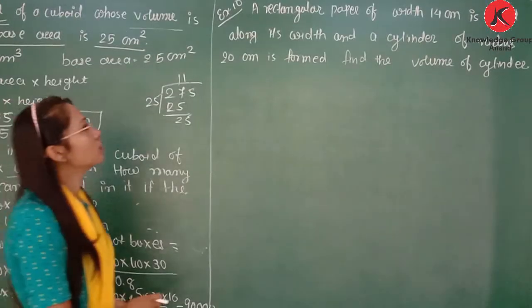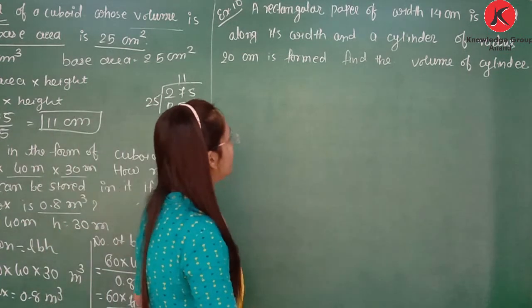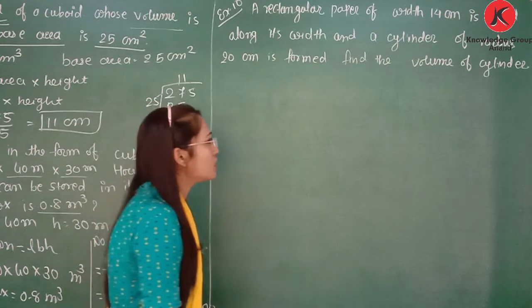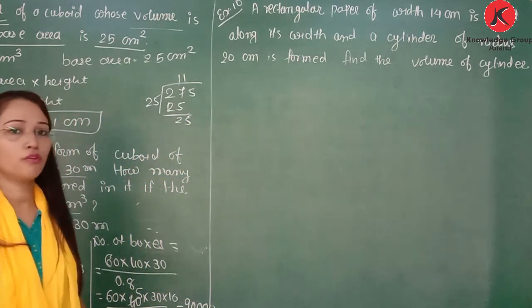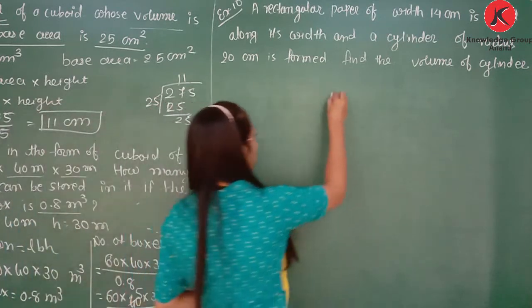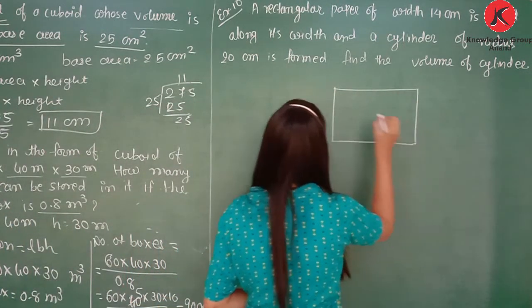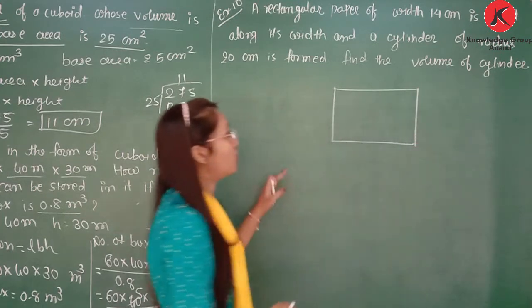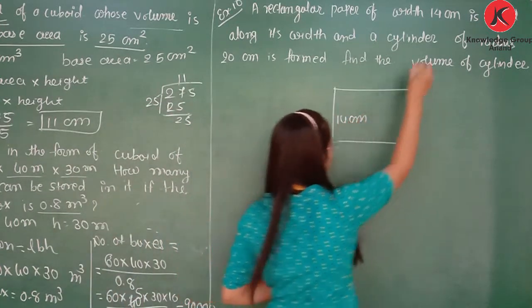Now next question. A rectangular paper of width 14 cm is rolled along its width, and a cylinder of radius 20 cm is formed. Find the volume of the cylinder. Here is one rectangular paper whose width is 14 cm, that is given in the question.